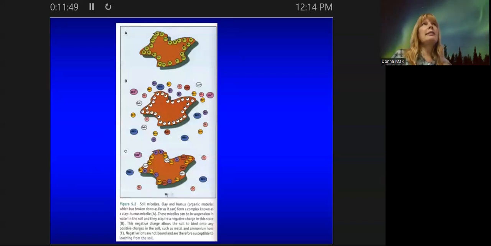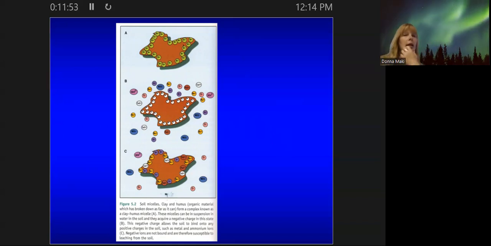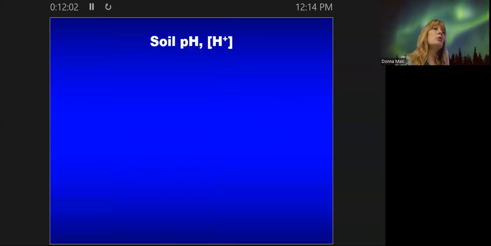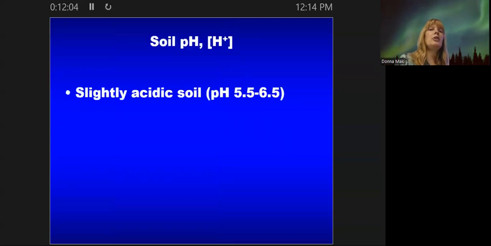And then they started asking, what is the typical pH of soils? A lot of this data is coming from ag fields, but they've done enough now in natural environments that it's safe to say that most areas have a pH that's slightly acidic. The soil is slightly acidic. There's obviously some exceptions to this, but by and large, pH 5.5 to 6.5.